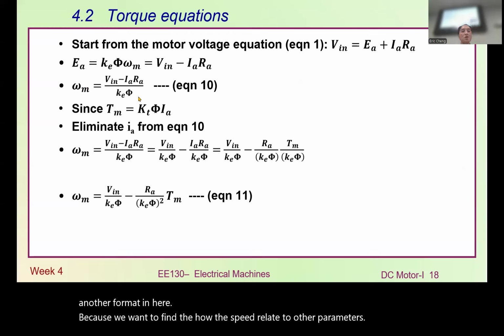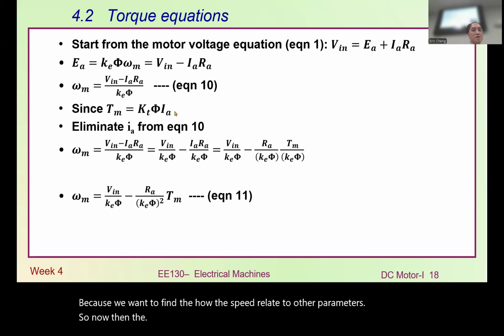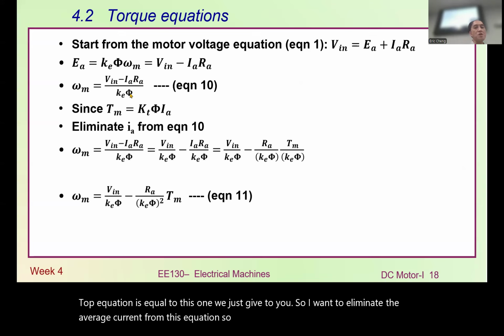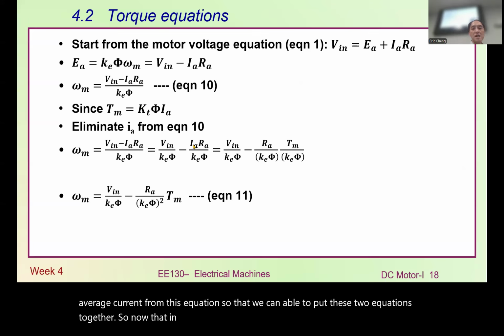So now the torque equation is equal to this one. We just give it to you. I want to eliminate the armature current from this equation so that we can put these two equations together. So in here, I can replace the armature current IA by the torque. Now the equation becomes this format.